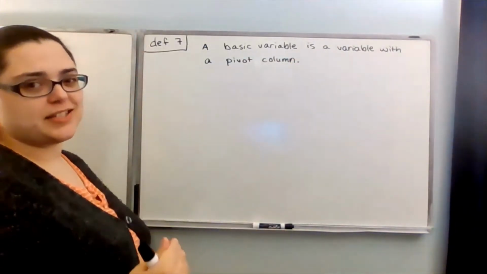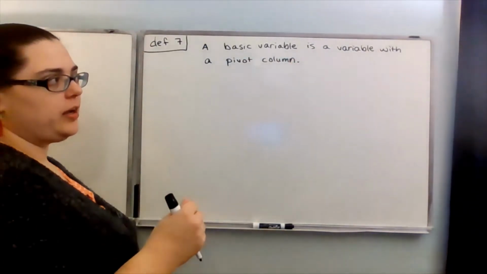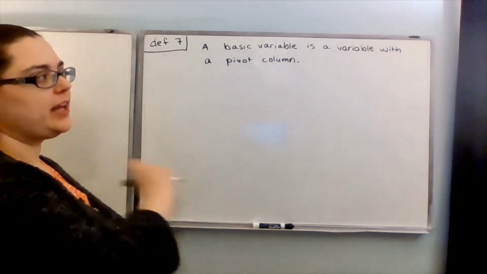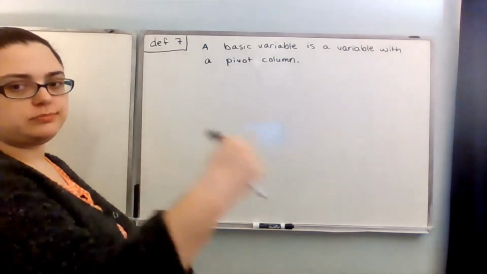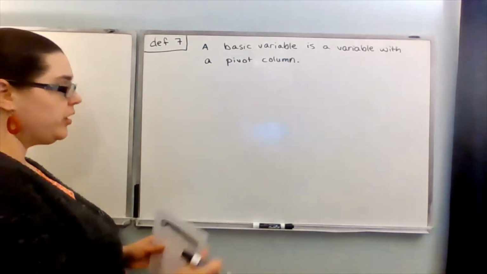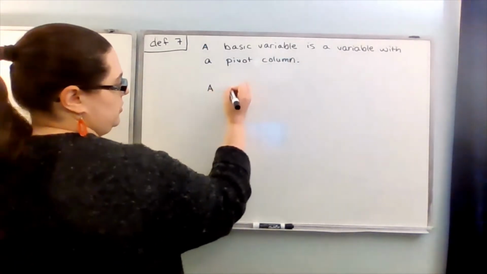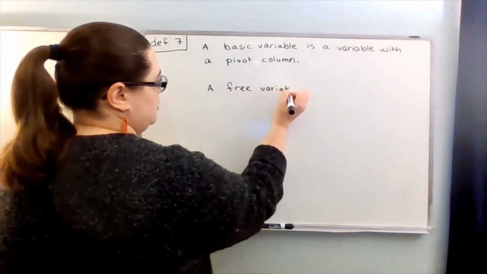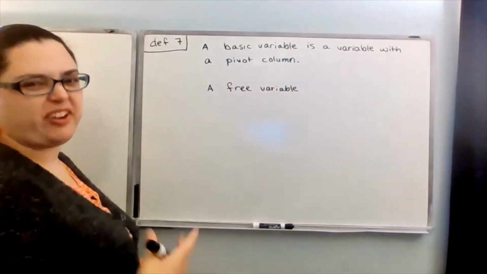So in our last example, this would have been x1, x2, and x3. Those were the columns that had a pivot in them. A free variable are the other ones.